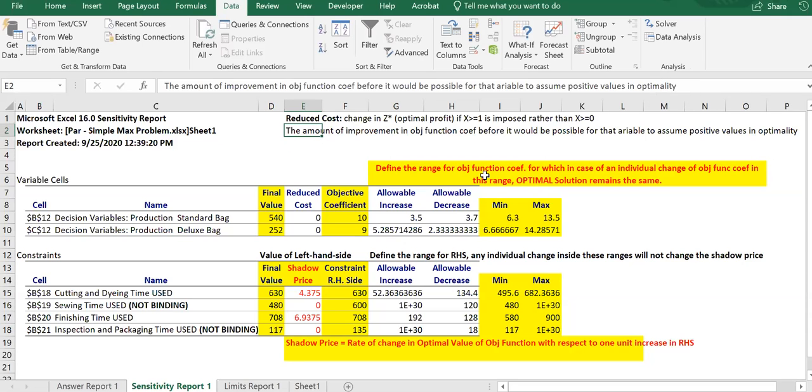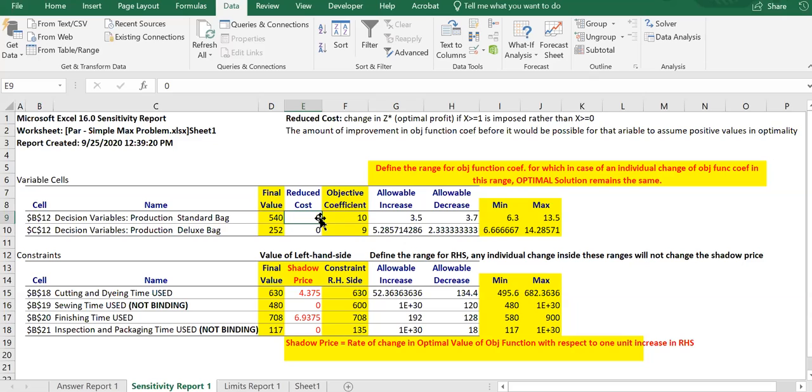The amount of improvement that you need to make in the objective function coefficient. I mean, if you're talking about this one, the objective function coefficient of the standard bag is right now 10. In this case this is a maximization, so the value is positive.